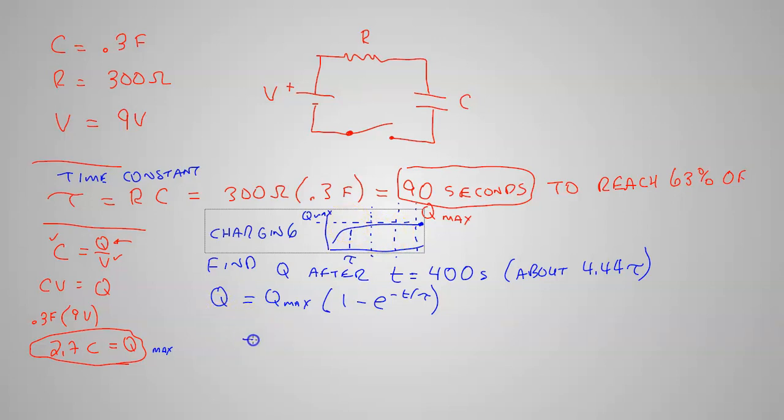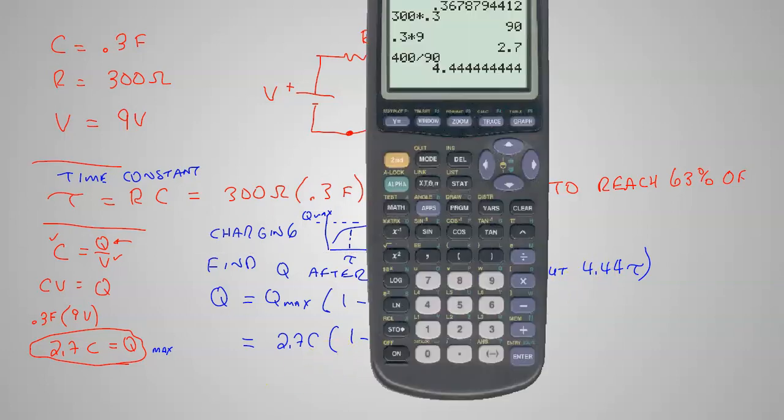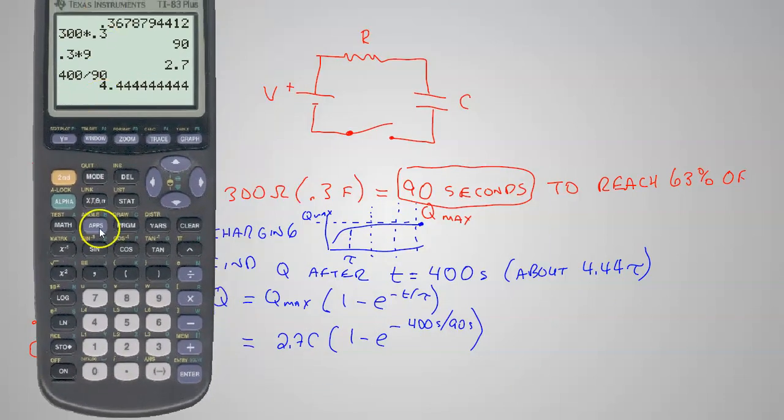Let's just run the numbers and see what we get here. Qmax is 2.7 coulombs. And I go 1 minus e to the negative t. T was 400 seconds. The time constant tau right there was 90 seconds. Okay, so again, that's going to give me the 4.44, and I could just put that if I knew that, but you just grab your calculator, put it in just like it shows.